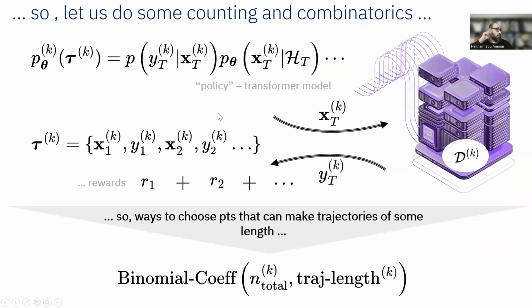Now, the number of possible ways to make trajectories of this length, you can find with some combinatorics. It's a binomial coefficient in the trajectory length, where nk total is the total number of trajectories you could sample. That's how many ways we could make trajectories.